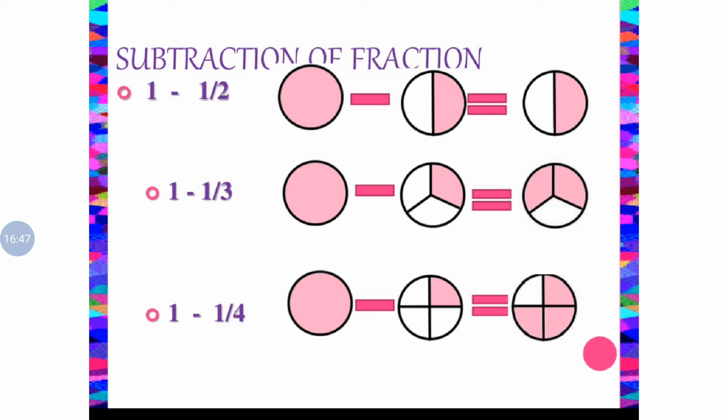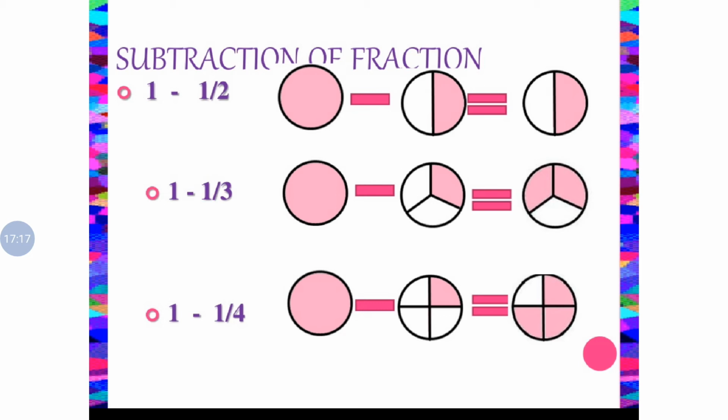For 1 by 1, the denominators are different, so we take the LCM. The LCM of 1 comma 3 is 3. Multiply numerator and denominator by 3 by 3. 1 3 is 3. Take the common denominator 3. 3 minus 1 is 2, so we get the value 2 by 3, that is 2 unshaded regions and only one shaded.